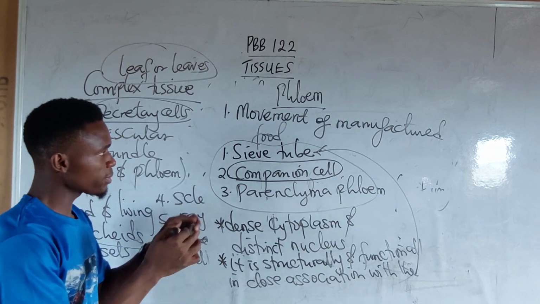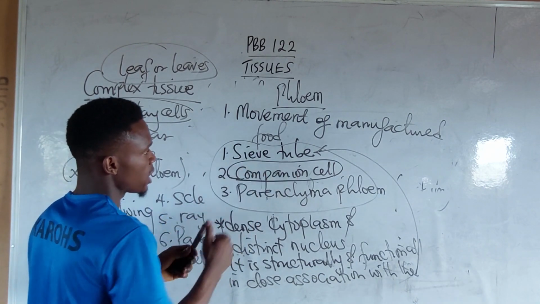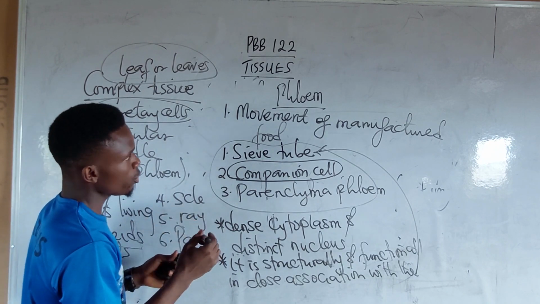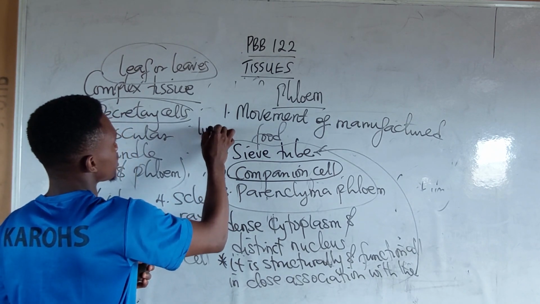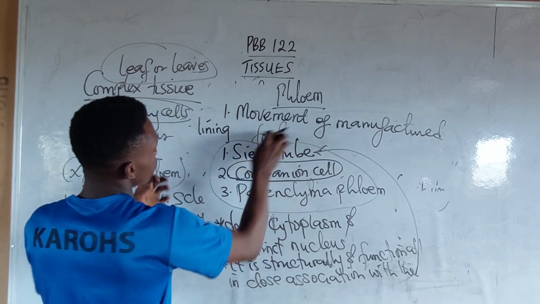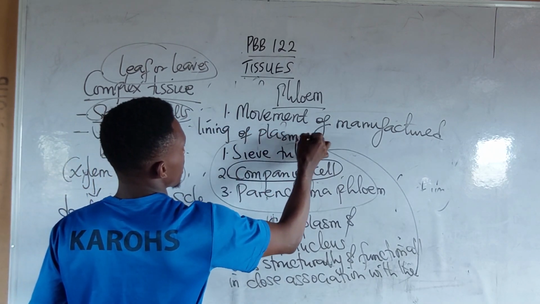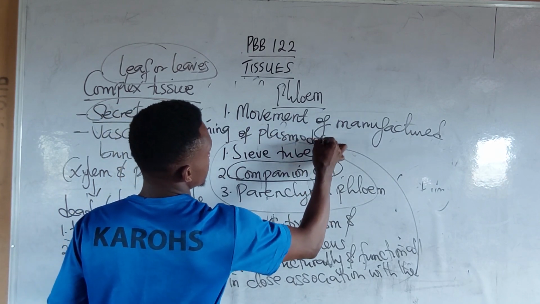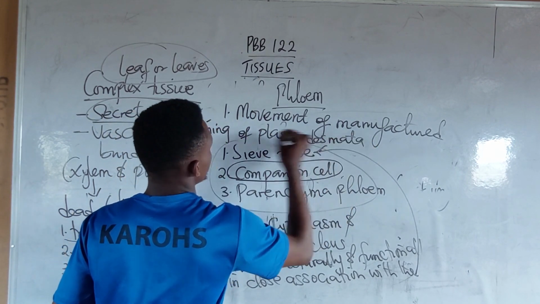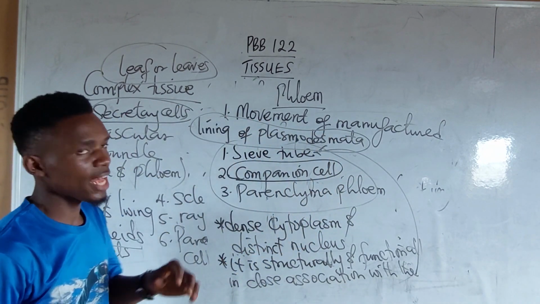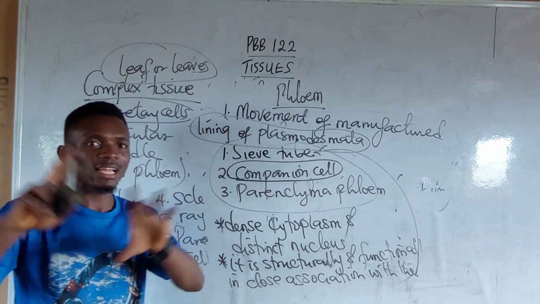Now, the cytoplasm of the sieve tube is closely joined to the lining of the companion cell by plasmodesmata. Therefore, plasmodesmata are strands of cytoplasm.